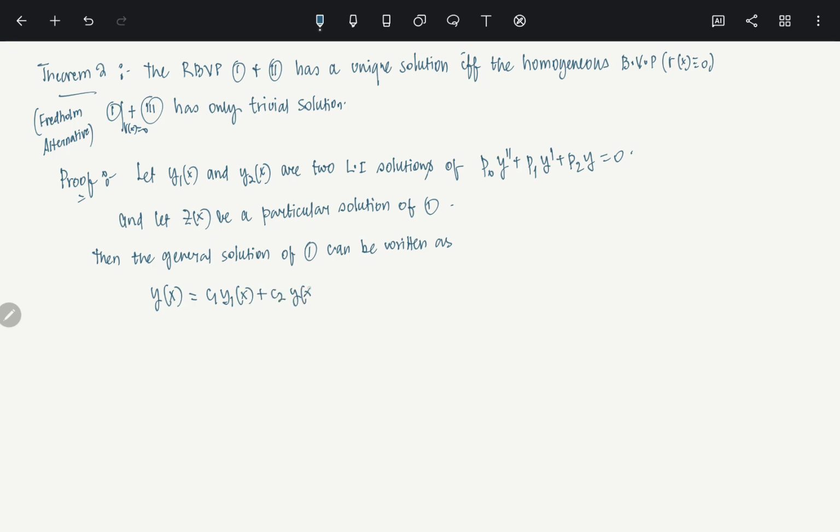Remember this principle: the general solution of the inhomogeneous problem is the general solution of the homogeneous problem plus a particular solution of the inhomogeneous problem. Is this okay?